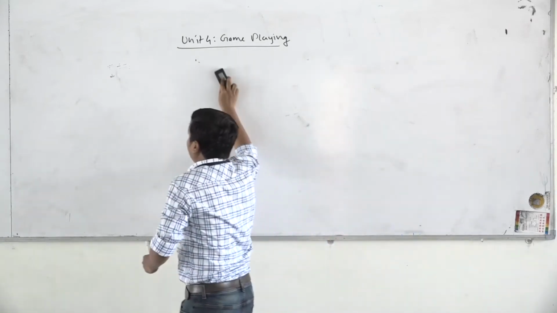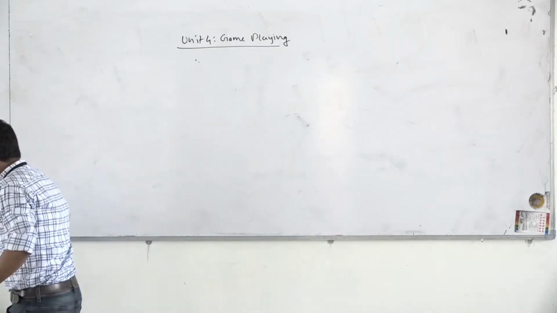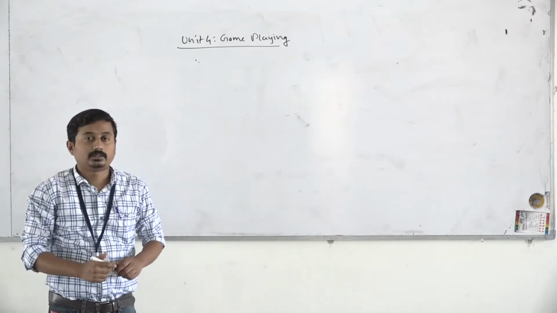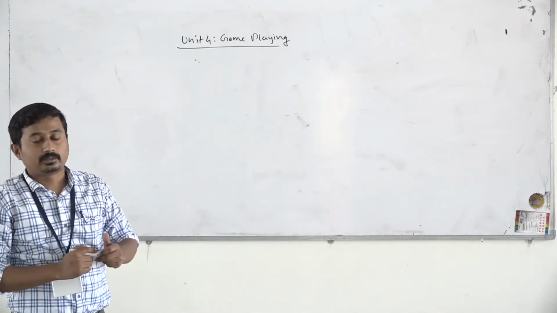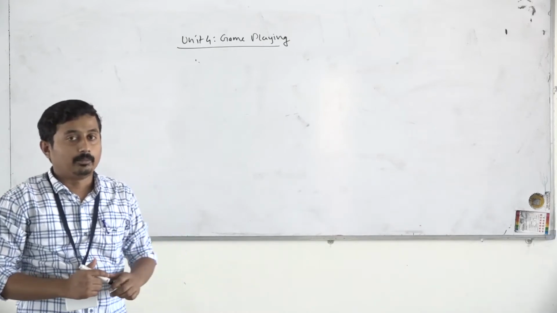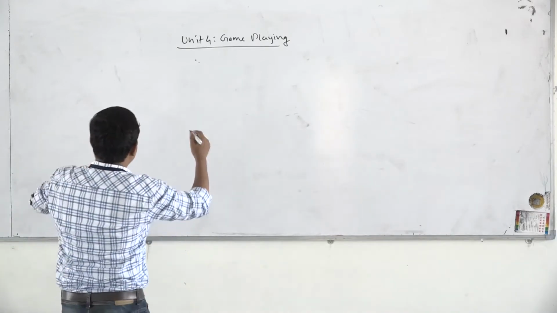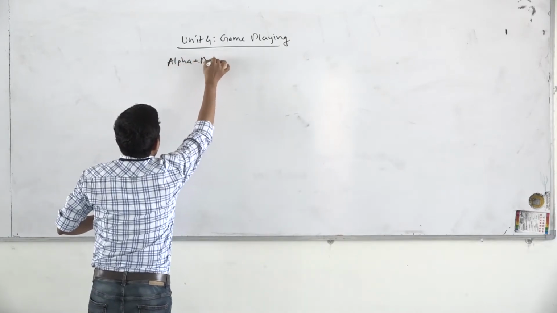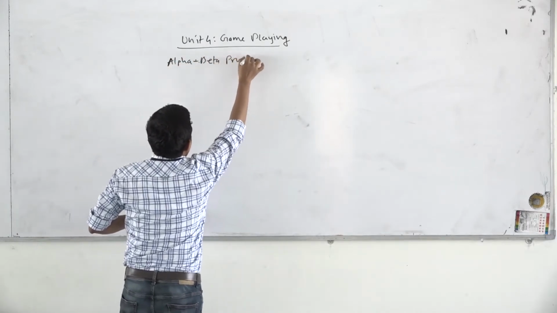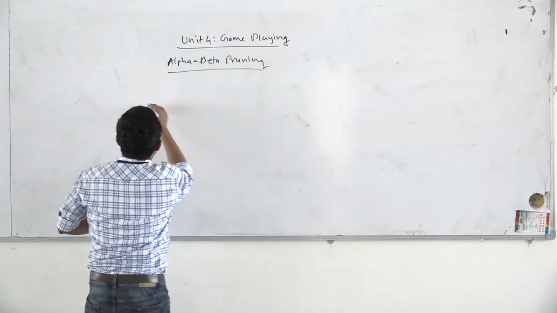One thing we can notice is that the Minimax algorithm gives us the optimal strategy. The only problem with the Minimax algorithm is its time complexity. So what is our aim?